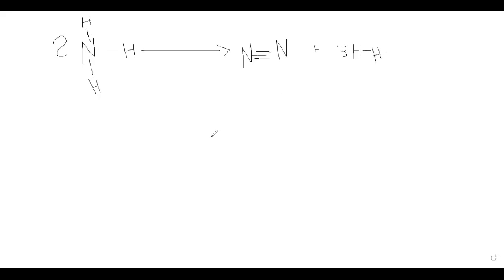I said before, it's a very easy topic. The value of N bond H will be in the question, no need to memorize the values. N bond H is 391. N triple bond N, triple bond means 3 bonds together, it's one block.